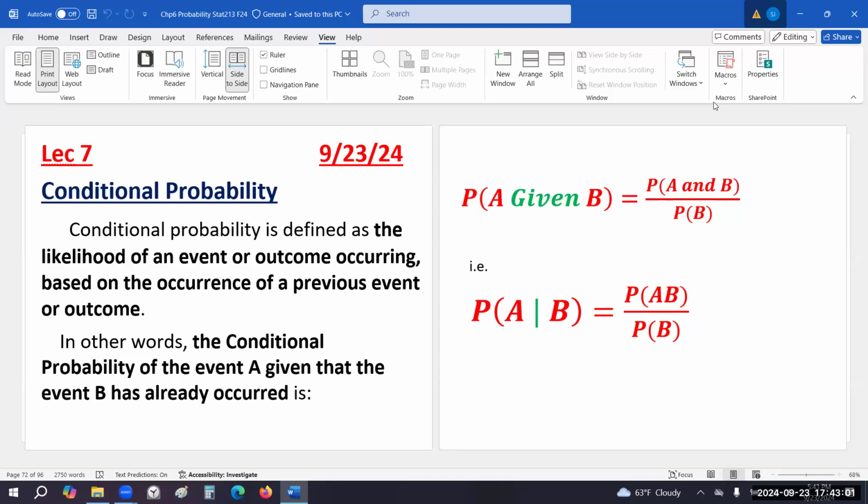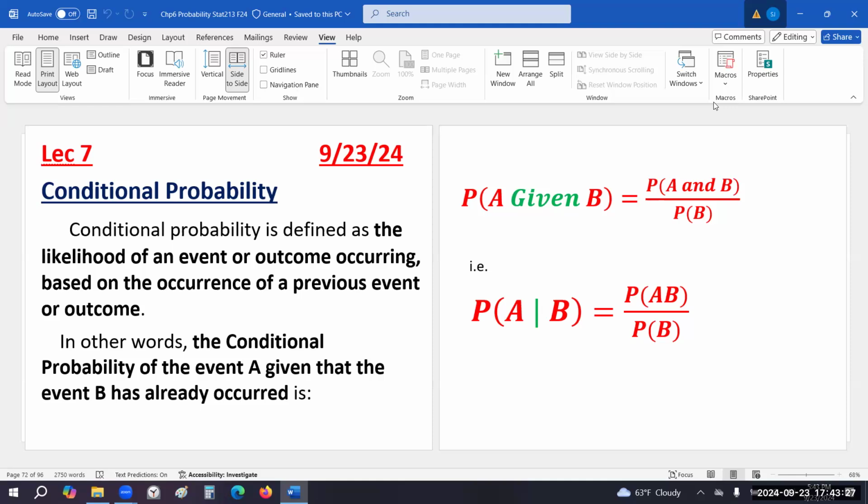That word given, we can replace with a vertical bar. So we say probability of A bar B, that bar means given, equals probability of A and B divided by probability of B. So whatever already has happened, we divide by the probability of that. Okay?